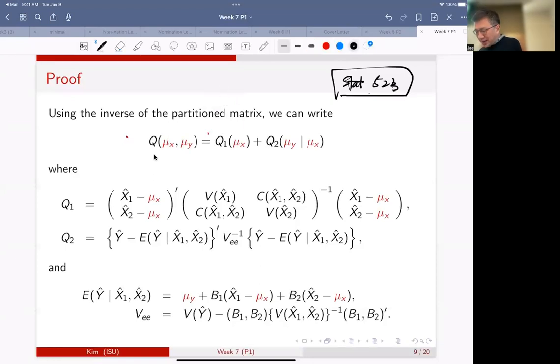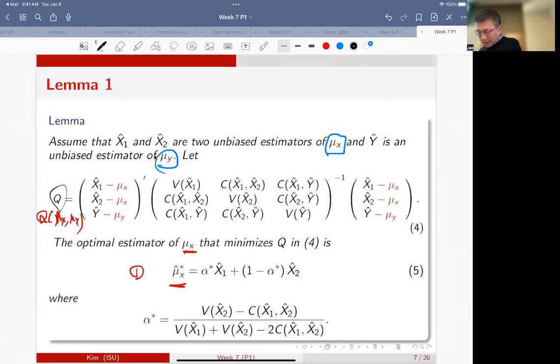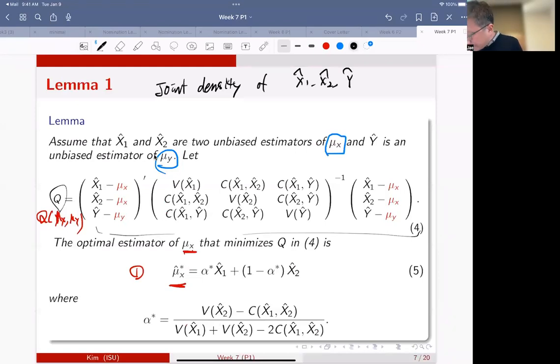So what is this Q, by the way? This Q is a core part of the joint normal distribution. Think about the joint density under normality.